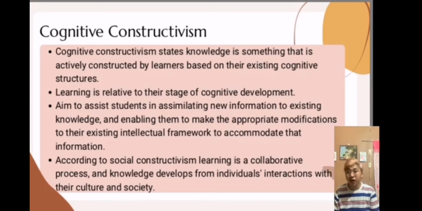As a result, learning is relative to their cognitive development stage. Learning, according to cognitive constructivism, is a process of building and sharing. It is how people grow personally and professionally, because knowledge is actively constructed. Learning is characterized as an active discovery process.